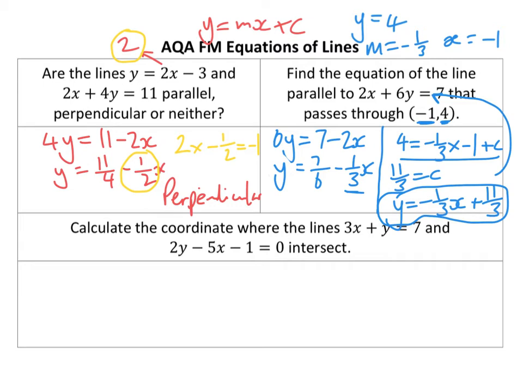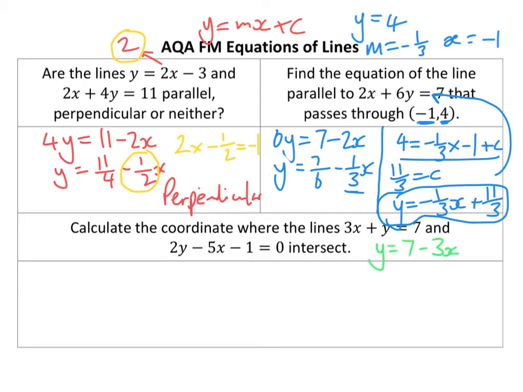Now then, the last question. Find the coordinate where 3x plus y equals 7 and 2y minus 5x minus 1 equals 0 intersect. Essentially what we have here is some simultaneous equations. So I'm going to rearrange this and say that y equals 7 minus 3x.